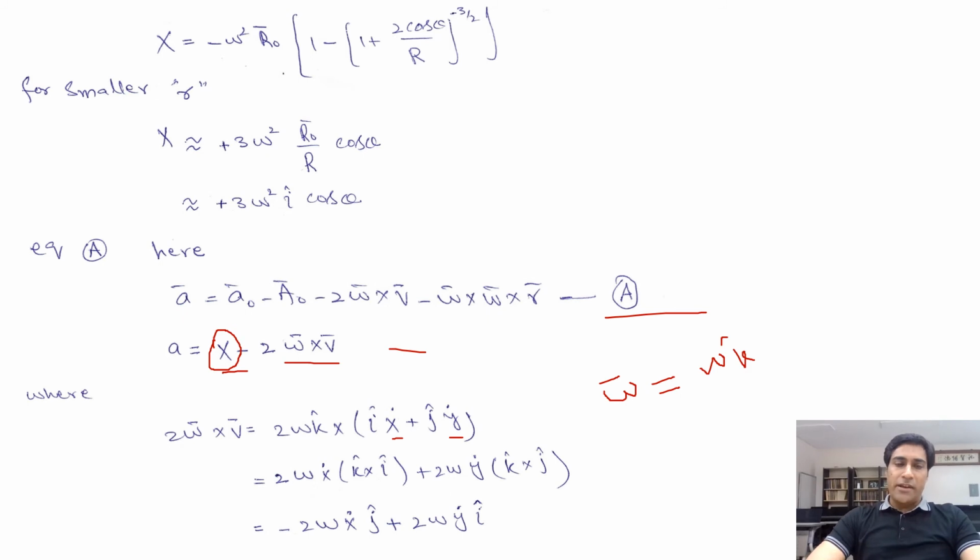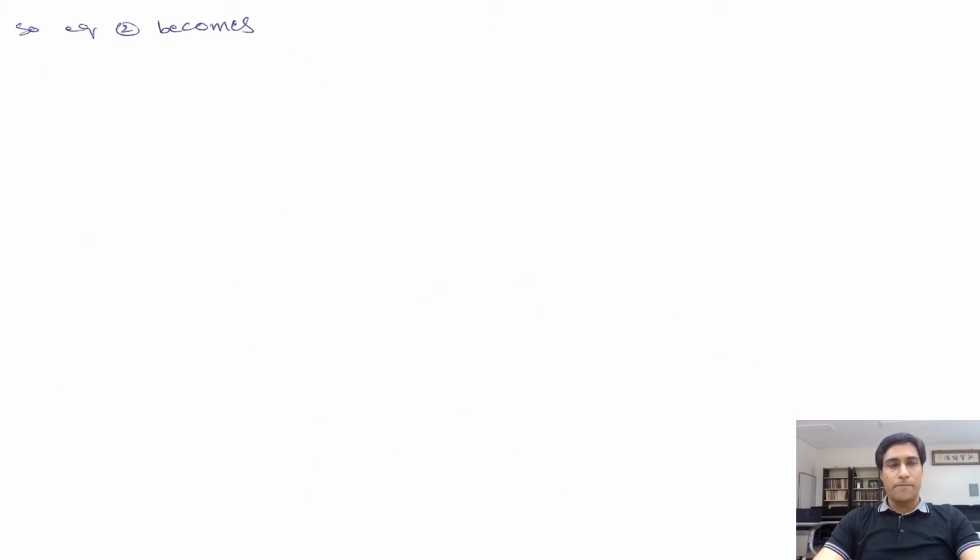So we will simplify: multiply first with i, then the same term with j, and you know that k cross i equals minus j, and k cross j equals i unit vector. So after simplification we have the results like this.